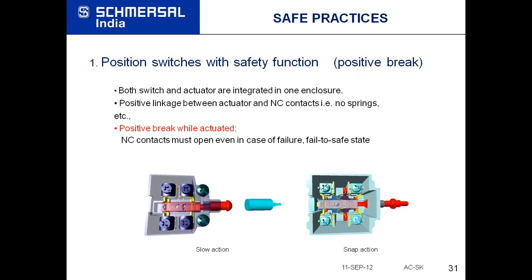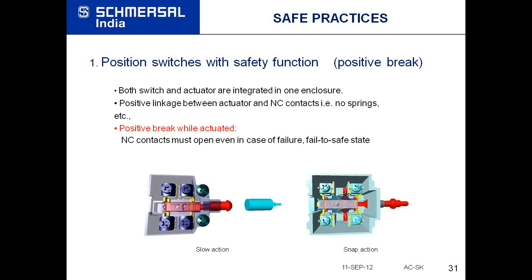Suppose we take, for example, an emergency stop. Emergency stop push buttons are operated by making an impact on the push button head. This impact is either by a hand or by a hammer or by anything whatever is in your hand, because it's an emergency situation. When you make an impact, you apply a force.